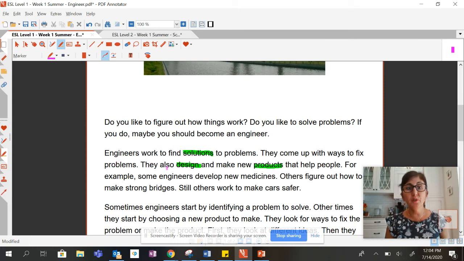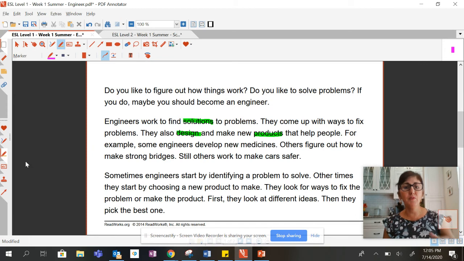They also design and make new products that help people. For example, some engineers develop new machines. Others figure out how to make strong bridges. Still, others work to make cars safer.